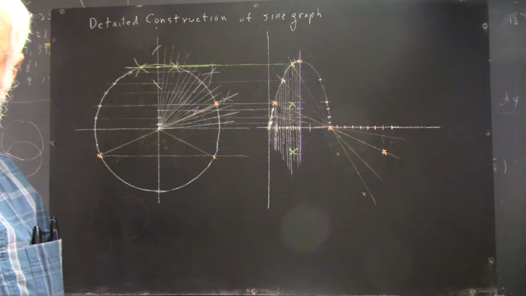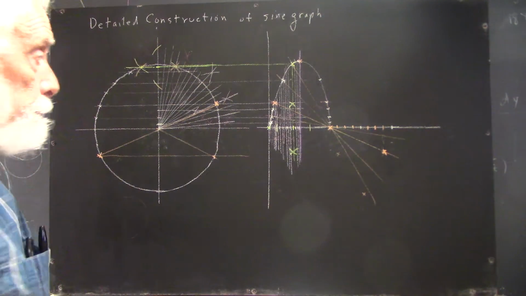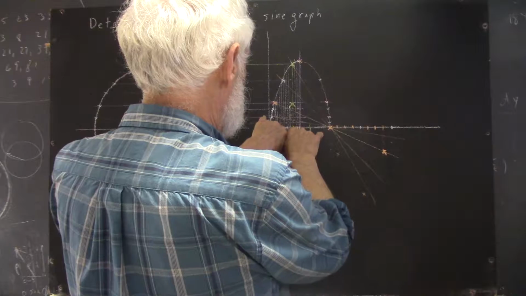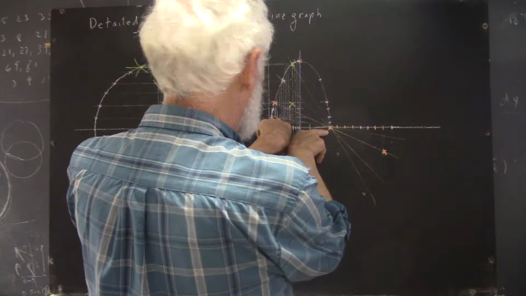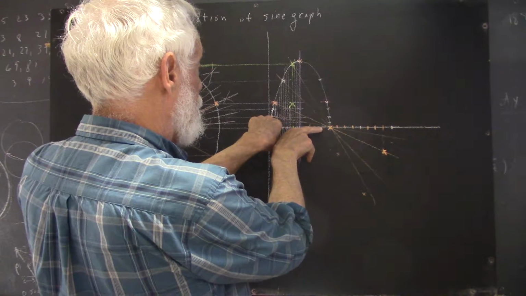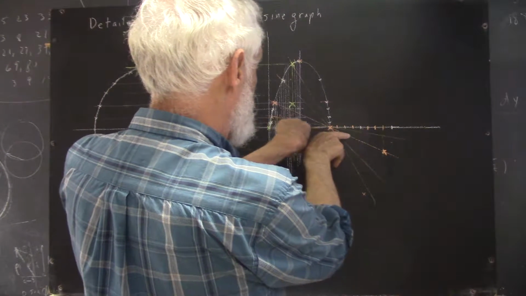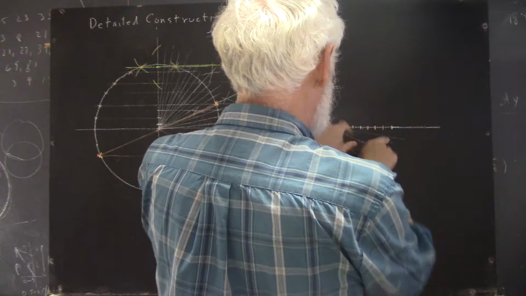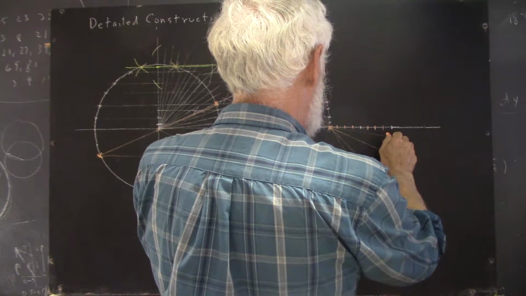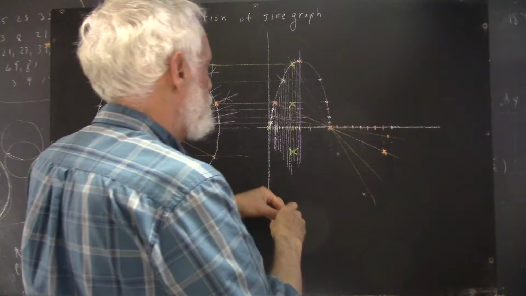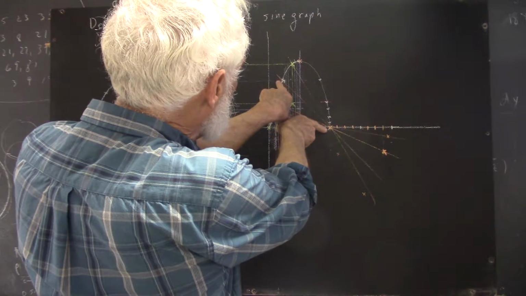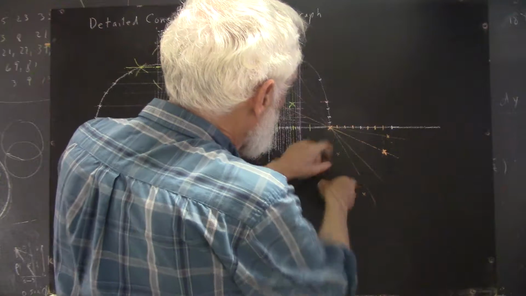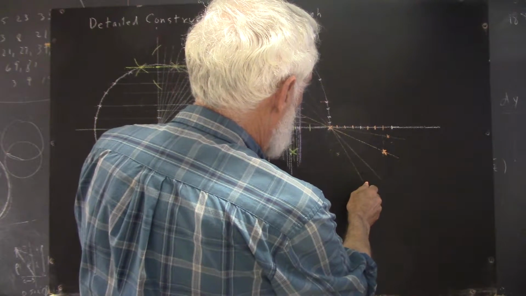Then, if I mark the points, again using my finger compass here, from this point to here, the same distance along this line gives me a point here. Doing the same thing here, we get a point here.